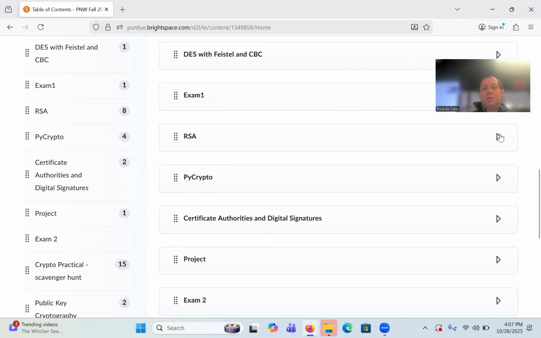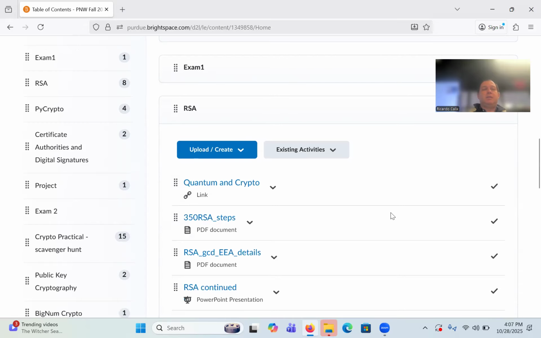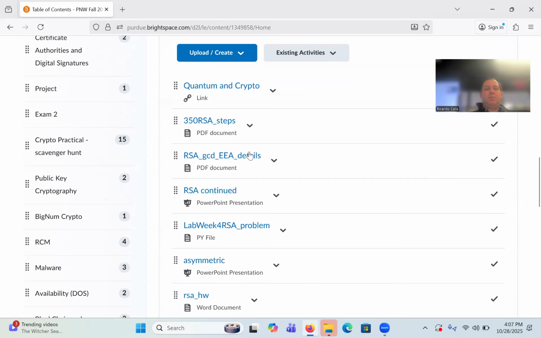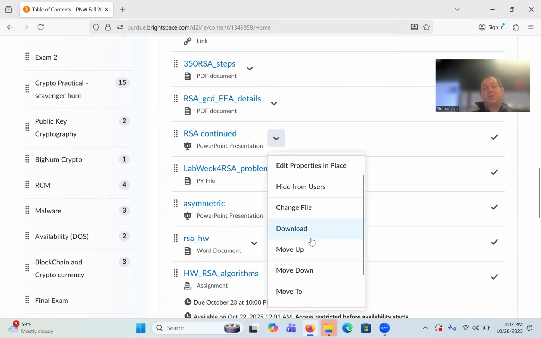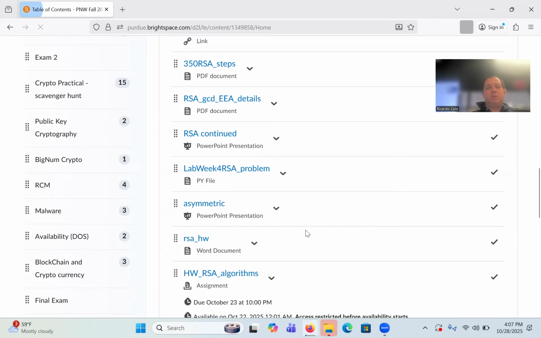All right, so let's go over here. So this is RSA. I have two sets of slides that I'm going to download. These two PDFs are just the notes that I write in class. We've already covered everything about GCD and RSA, and all that is in there. But I do have this set of slides and this one, which are wrapping up some of the ideas and actually introducing some new things.